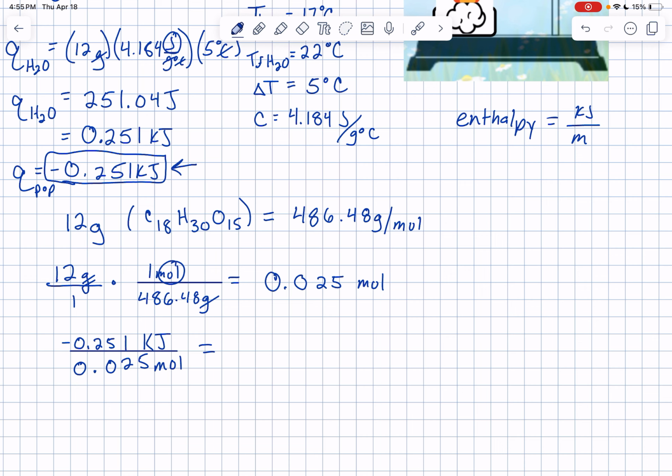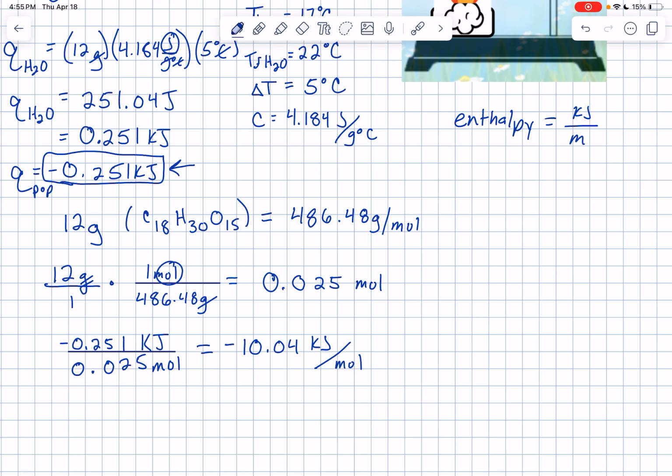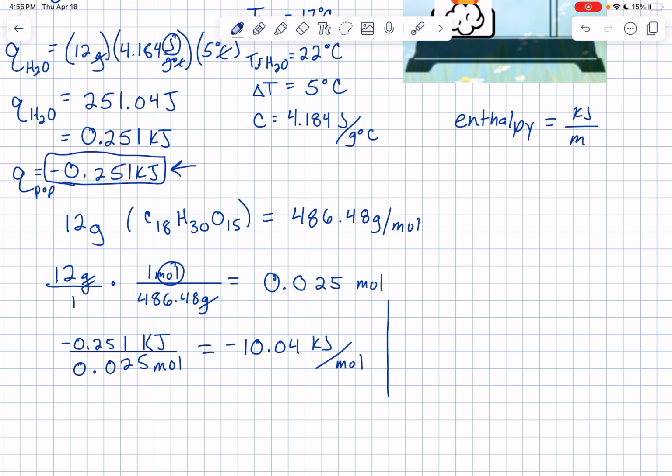And I get negative 10.04 kilojoules per mole of popcorn. This is negative because this is the energy that left the popcorn, the enthalpy of the popcorn. If I want to know the enthalpy of the reaction, so if the reaction is me consuming the popcorn, then consuming the popcorn means that I'm taking in the energy of the popcorn.